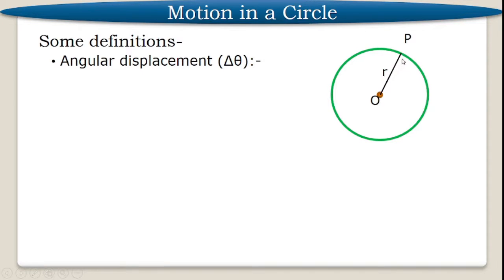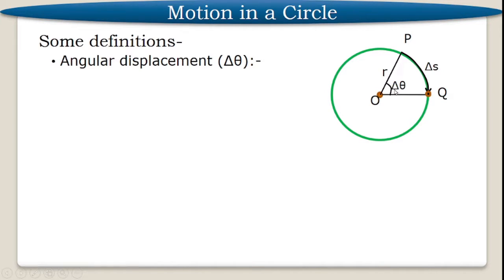Any object is at point P, and suppose the radius of this circle is R. When we apply a force on this object, then it shifts to another point, suppose this point is Q. In this way the object has some linear displacement, and there is some angular displacement also. Here suppose del s is the linear displacement of this object, and del theta is its angular displacement.